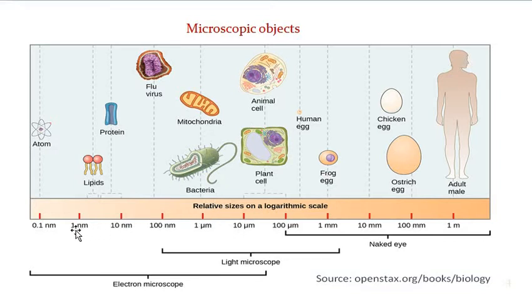Hence, we need an advanced microscope called the electron microscope to view these molecules present in living things. Hence, the microscope is an important tool in the field of cell biology.